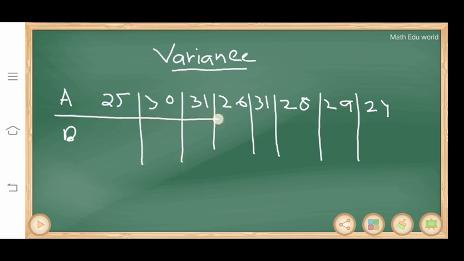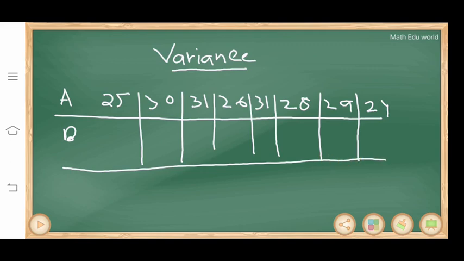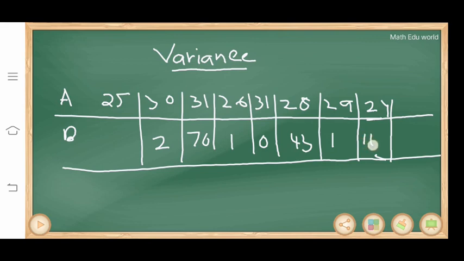For example, A is batsman A and B is batsman B. These are the runs scored by batsman A, and the runs scored by B are 2, 70, 1, 0, 43, 1, 104 and 3.